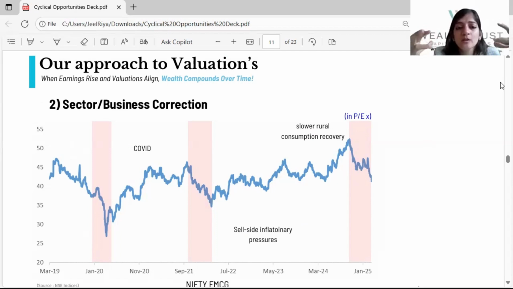For example, after COVID we saw huge demand from a consumption story, and then a slump in the rural economy recovery. So you have a pandemic, then instant demand, and then a correction within that sector because of high valuation, and then there is recovery.